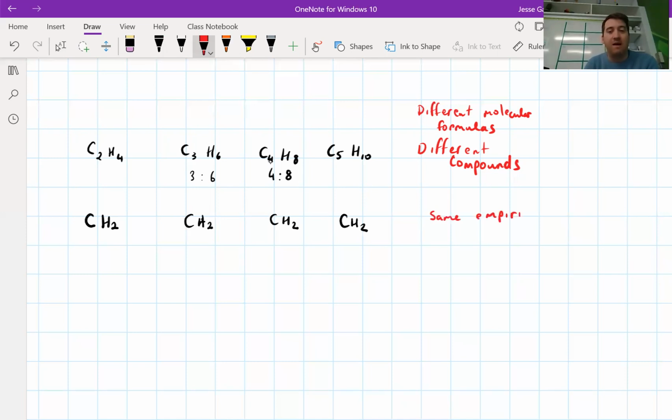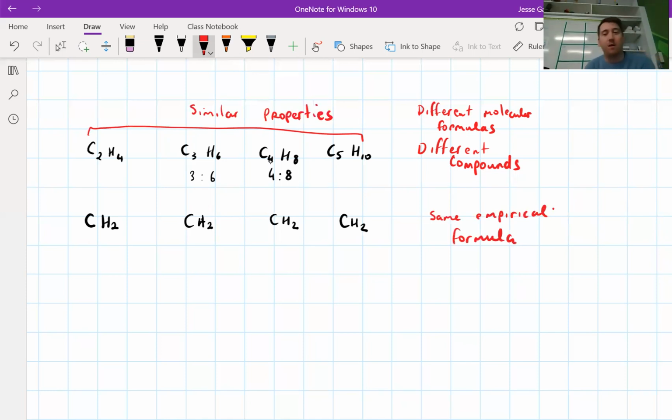We can find this quite a lot in families of chemicals. And what you will find is that if you look at all of these things here, they will all be very similar in their properties. So if one of them is a gas at room temperature, they're probably all gases at room temperature. If one of them is non-polar, they're probably all non-polar, because they all are just a multiple of this same empirical formula.